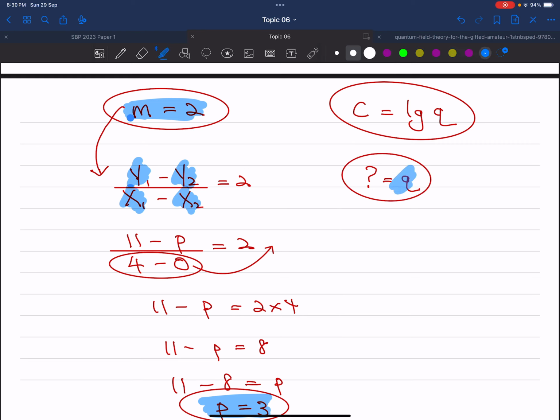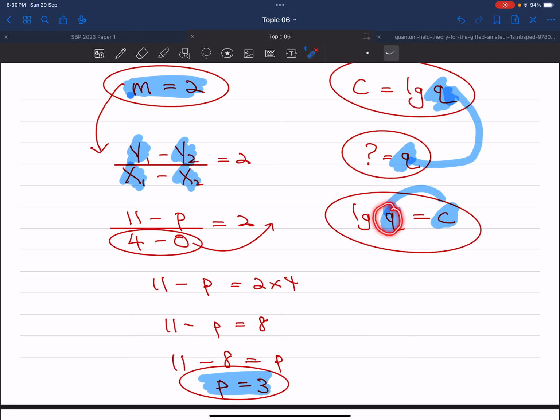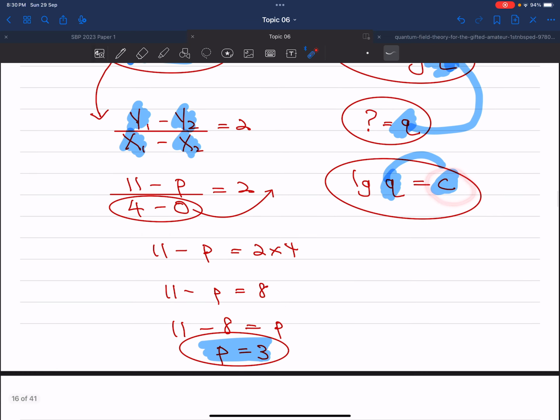They are asking Q, so I go to the equation above involving Q. And now I realize that log Q equals C, which means if I want to find Q, I need to find C. So before we find Q, we need to find C. And in order to find C, I must go back to the equation involving C, which was y equals mx plus c.